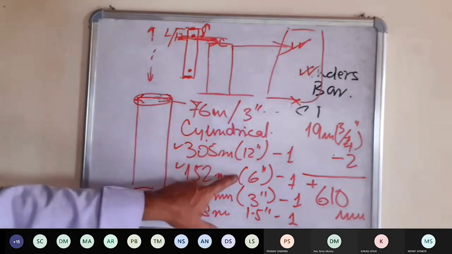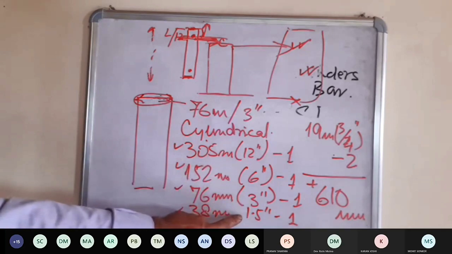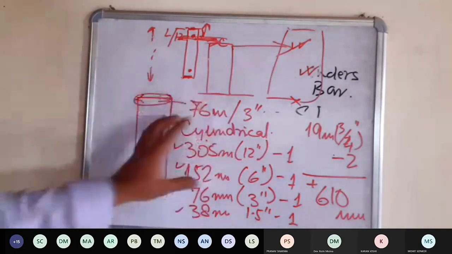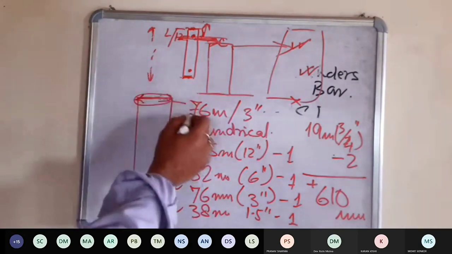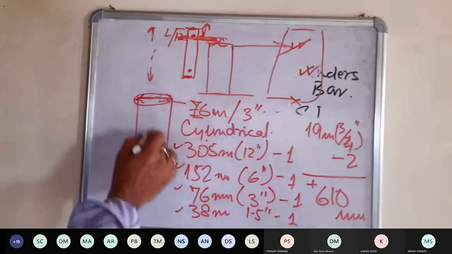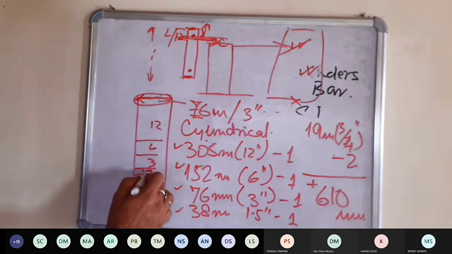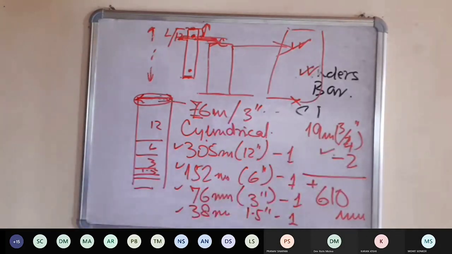So 12 6 18, 18 3 21, 21 1.5 22.5, 22.5 और 1.5, 24. सो 2 फुट का ये फ्लिंडर्स बार होता है, अलग अलग साइजेस में. ये तो 76 mm हो गया. एक 12 इंच का होगा, एक 6 इंच का होगा, एक 3 इंच का होगा, एक 1.5 इंच का होगा, 1.5, और छोटे छोटे 2 होंगे 19 mm के.